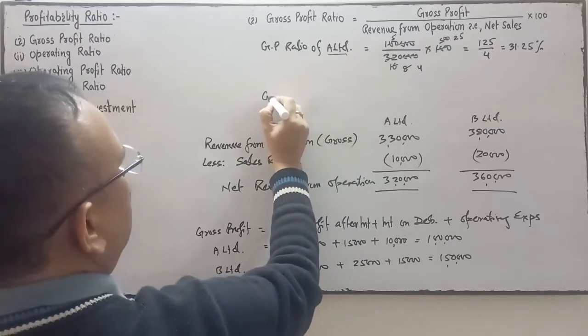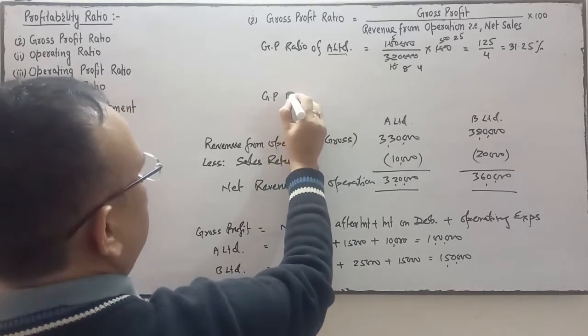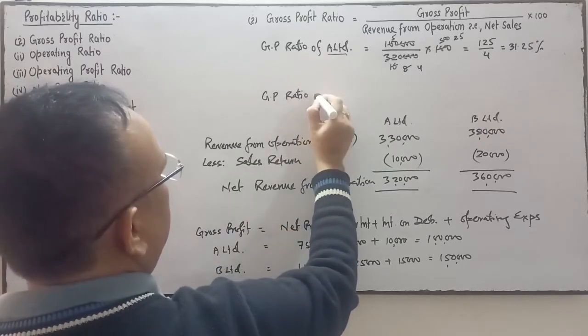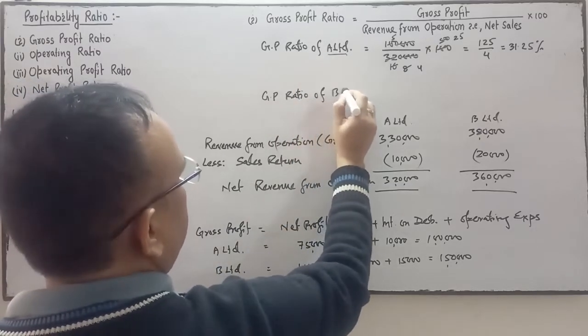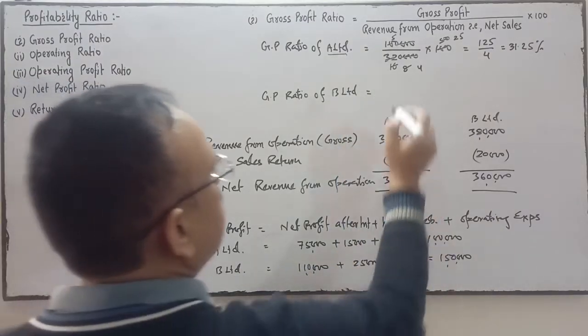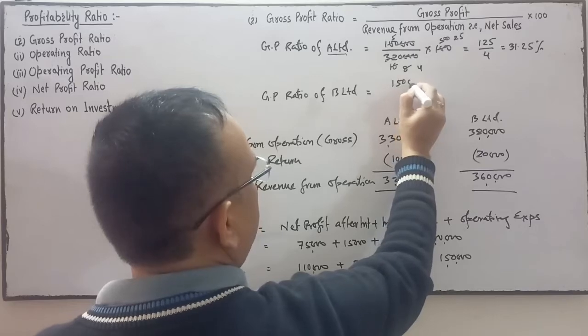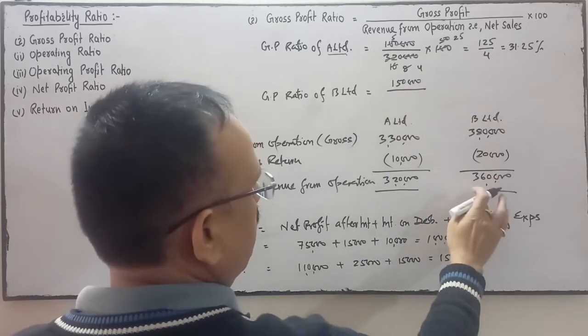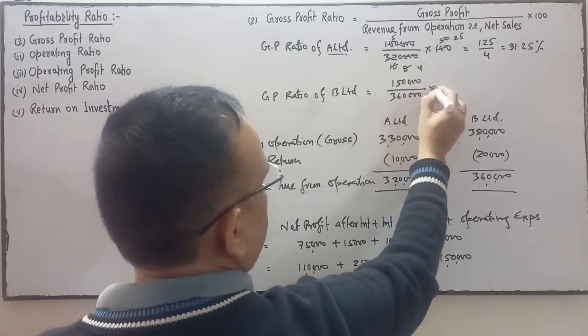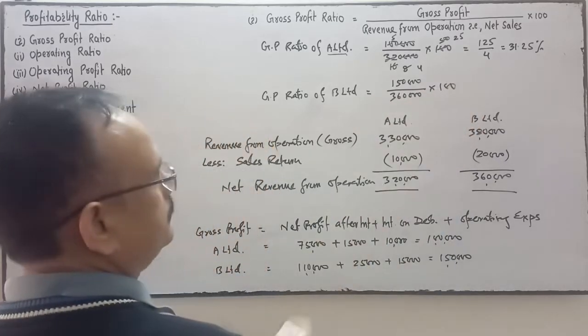Now we'll calculate the gross profit ratio of B Limited. Gross profit is 1,50,000 and net sales is 3,60,000 into 100.